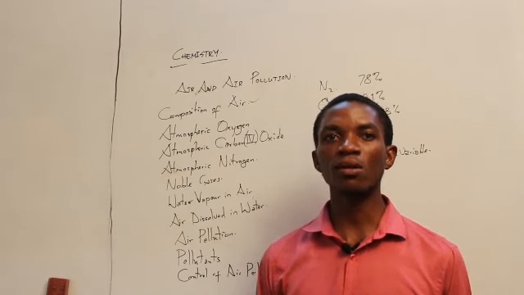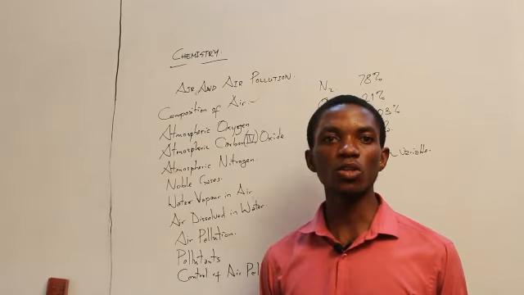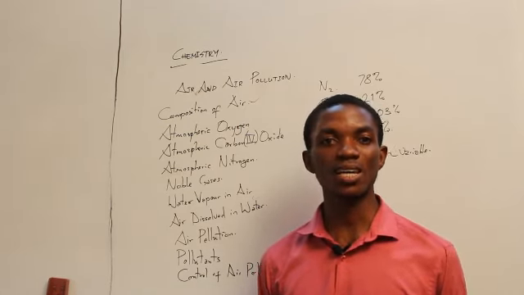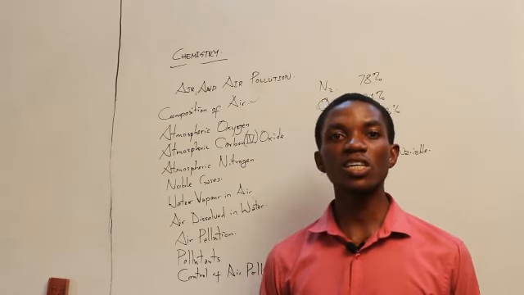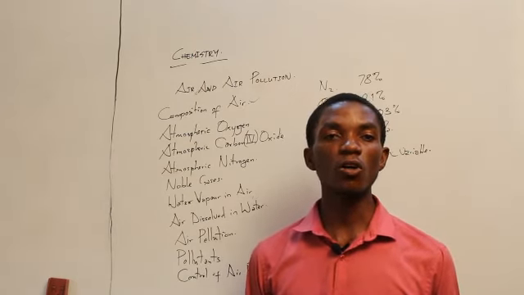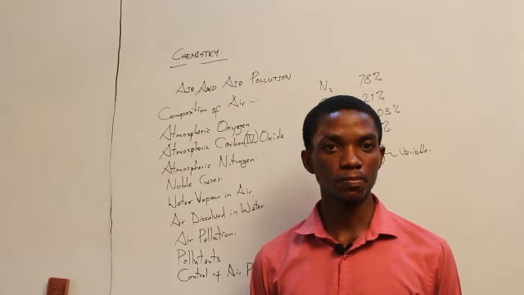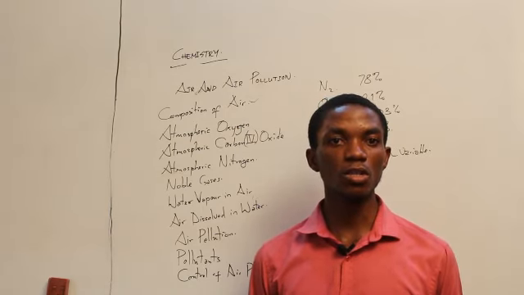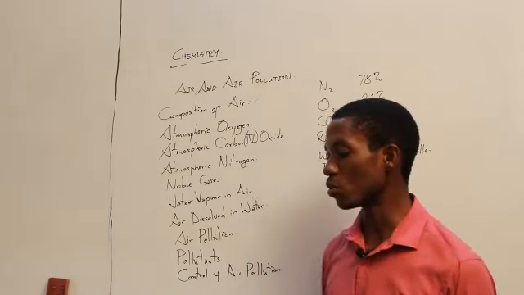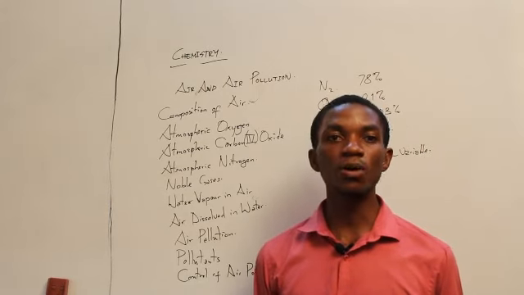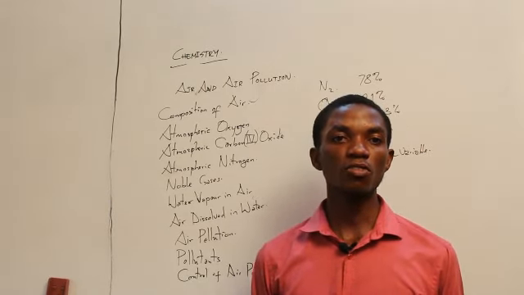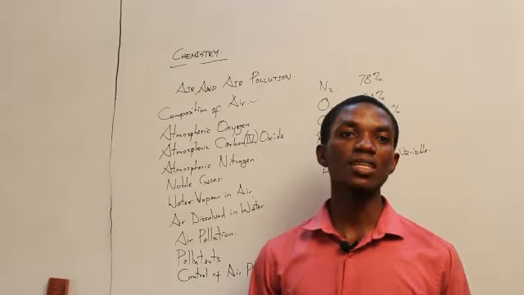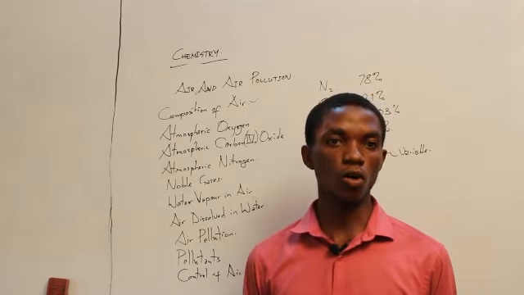Other than inhaling this gas, what other thing does this gas do in nature? Oxygen allows burning. If you are going to burn any substance, you need oxygen for it to burn. Otherwise, burning would not occur.